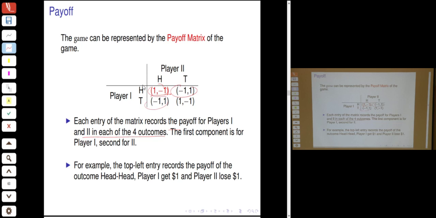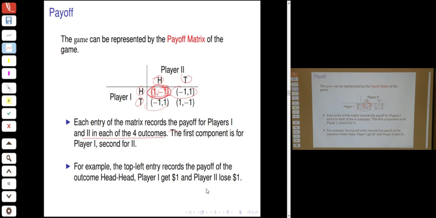Here for player 1 there are 2 strategies H and T, for player 2 there are 2 strategies H and T, and you have combinations. Each entry of this matrix is the gain for player 1 and the gain for player 2. Notice that this is a zero-sum game, so what player 1 gains is the negative of what player 2 gets, right?